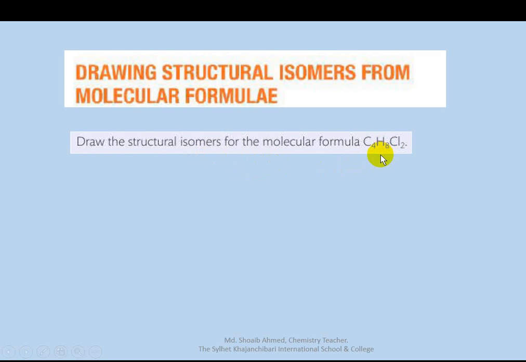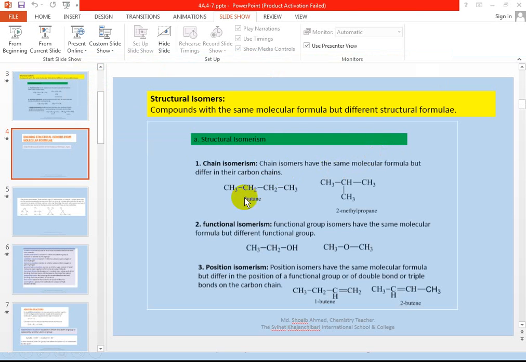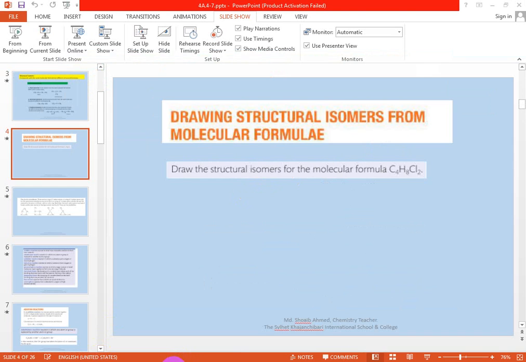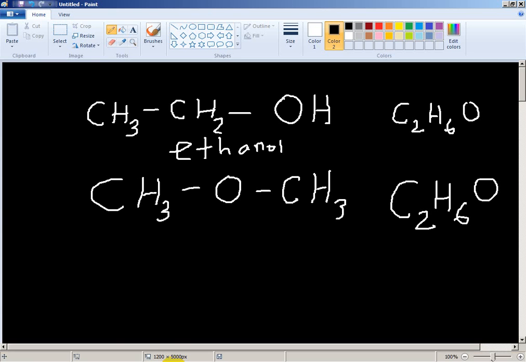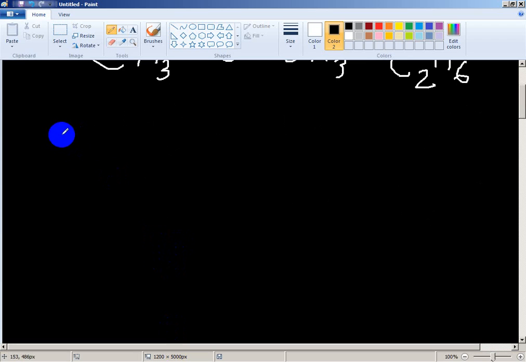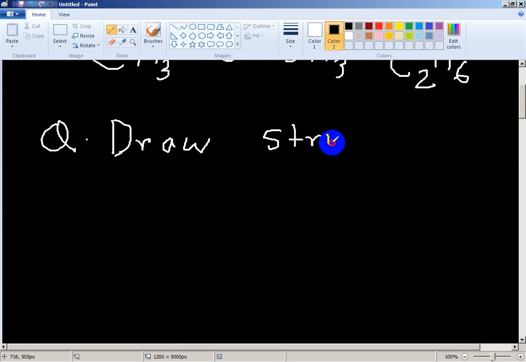This is the molecular formula given, C4H8Cl2. Question: draw the structural formula.